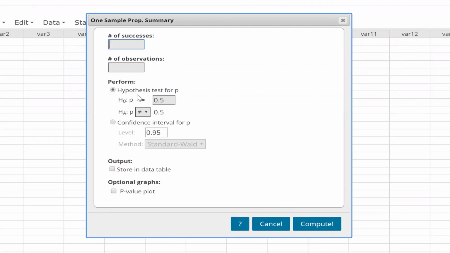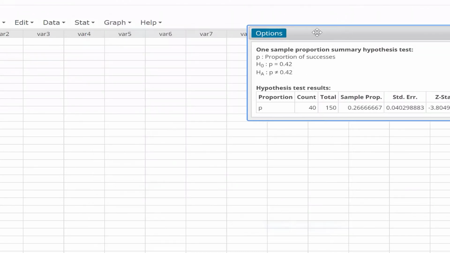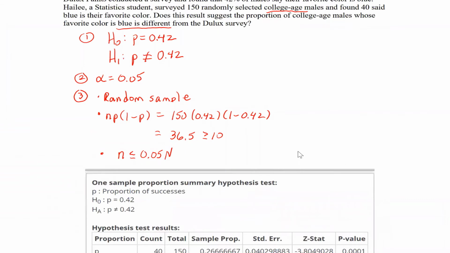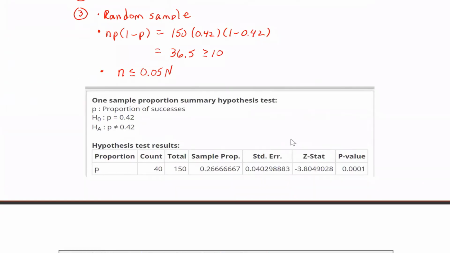And so we're going to say we had 40 successes out of 150 trials. The proportion stated in the null was 0.42. And then we leave the not equal to alternative here. And then we click compute. We're getting a p-value of 0.001.